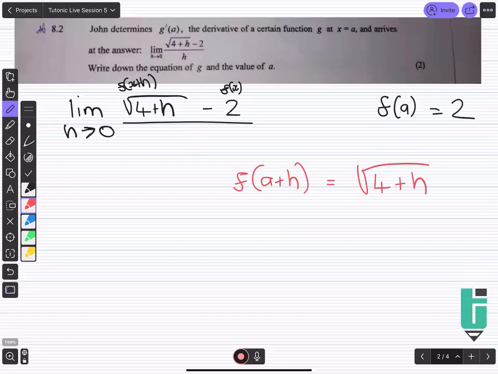Now, what type of function do you think we're dealing with here? A quadratic function? Not quadratic.